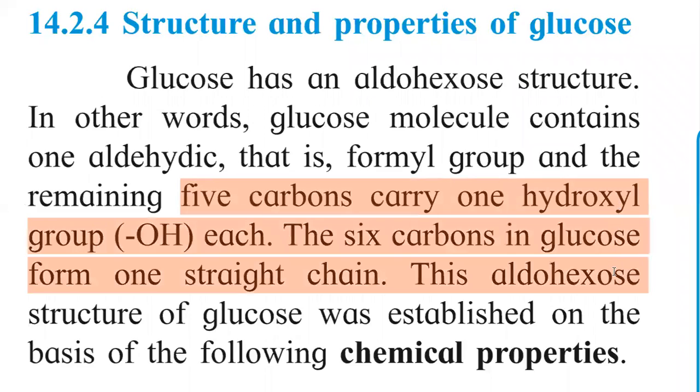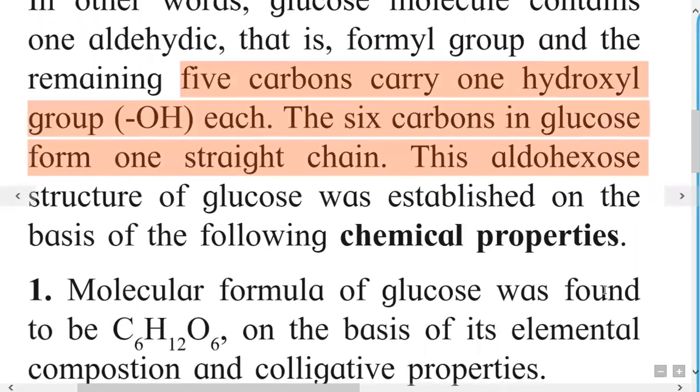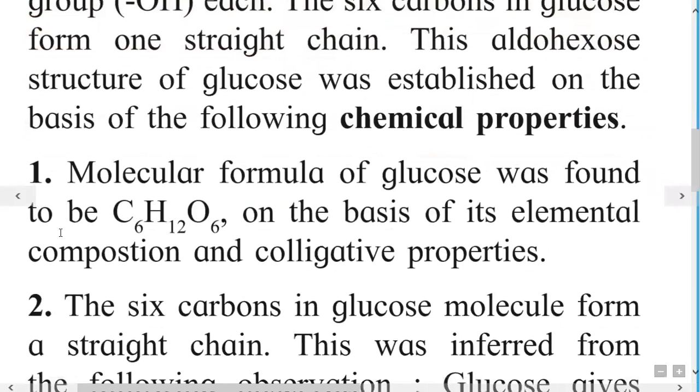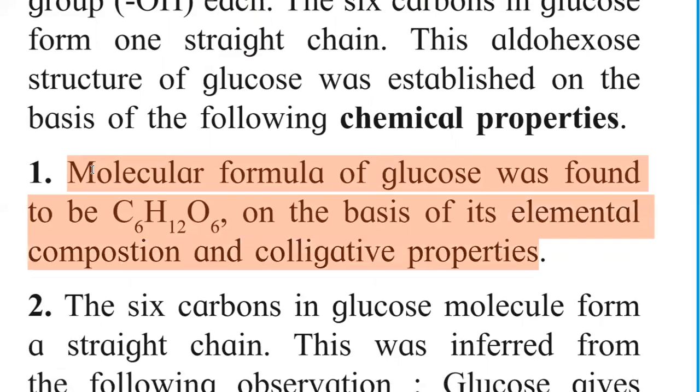This aldohexose structure of glucose is explained on the basis of the following chemical properties. The first chemical property: the molecular formula of glucose was found to be C6H12O6 on the basis of elemental composition and colligative properties.